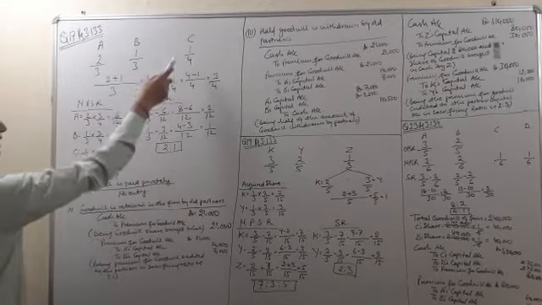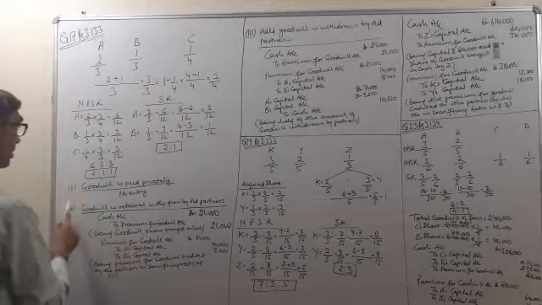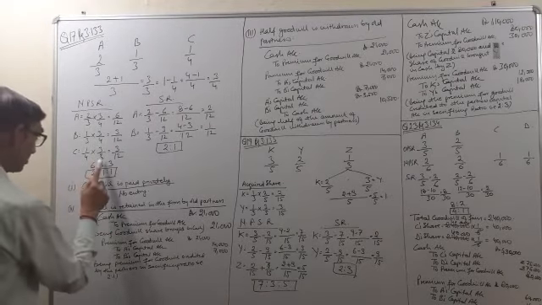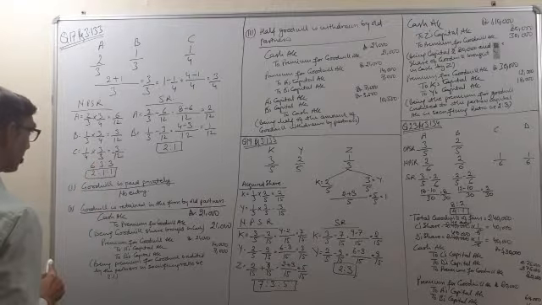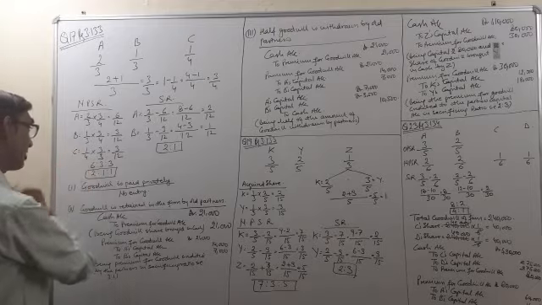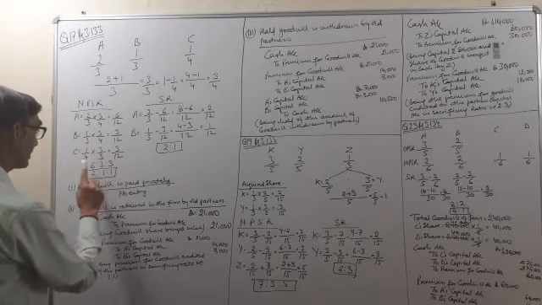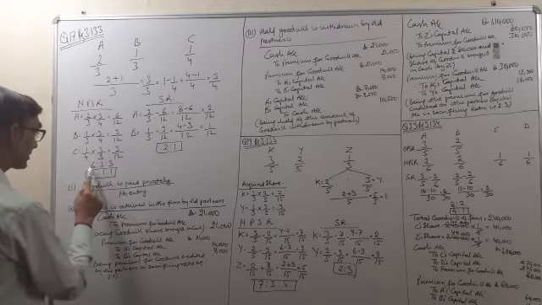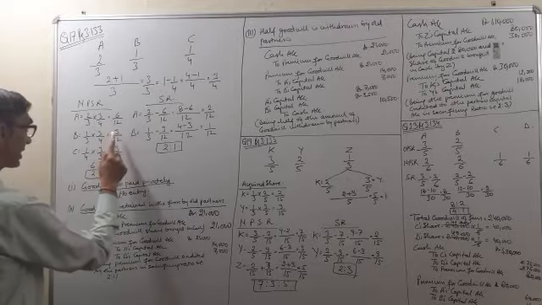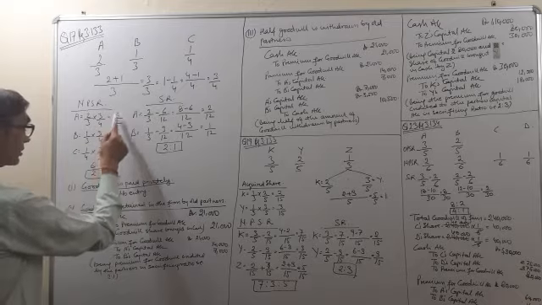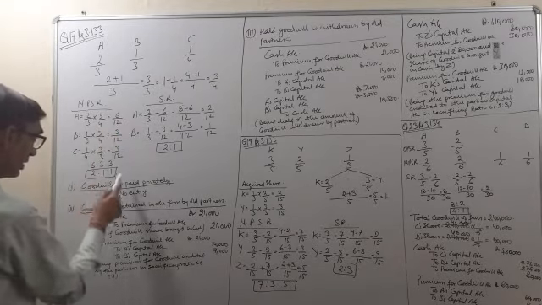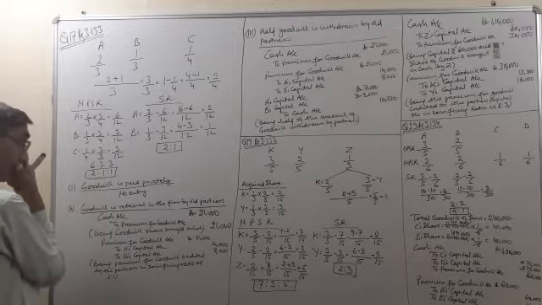Now C is coming for 1/4 share, so to make the denominator equal to 12, 3 will be multiplied as denominator and 3 as numerator too. So 3 ones are 3, 4 threes are 12. So 6:3:3. अब इसको ऐड करके देख लो, 6 and 3 is 9 and 3 is 12. The total of the numerators is equal to the common denominator, therefore the ratio has been calculated accurately.